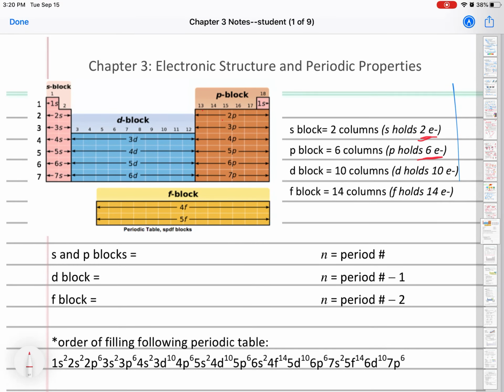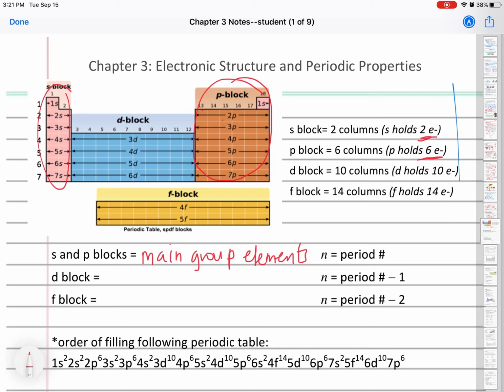Some things to know: the elements in the S and P blocks are known as main group elements. If you move on in chemistry to organic chemistry, you spend the most time with those.